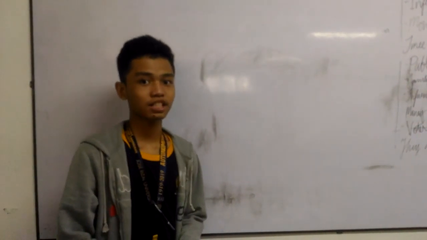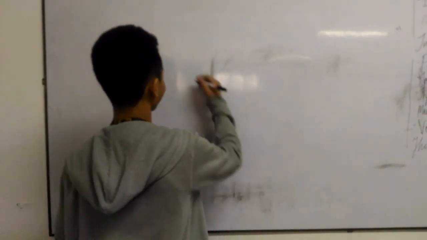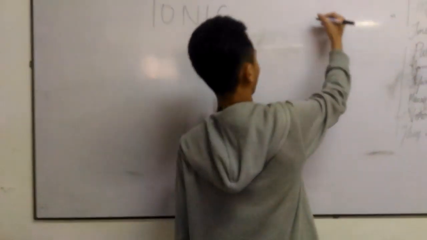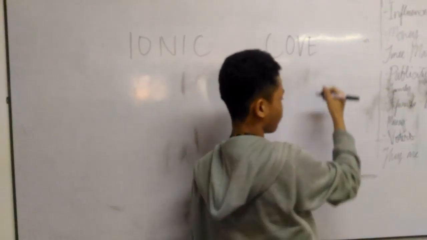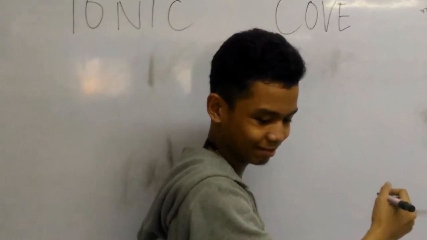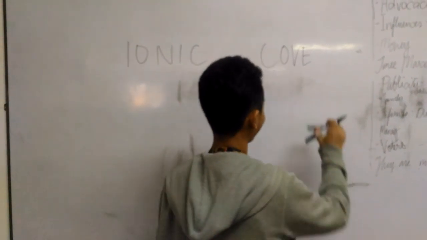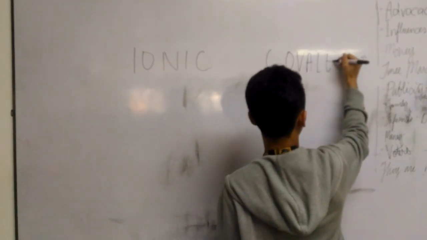So we're going to be discussing the two major chemical bonds, the ionic and covalent.